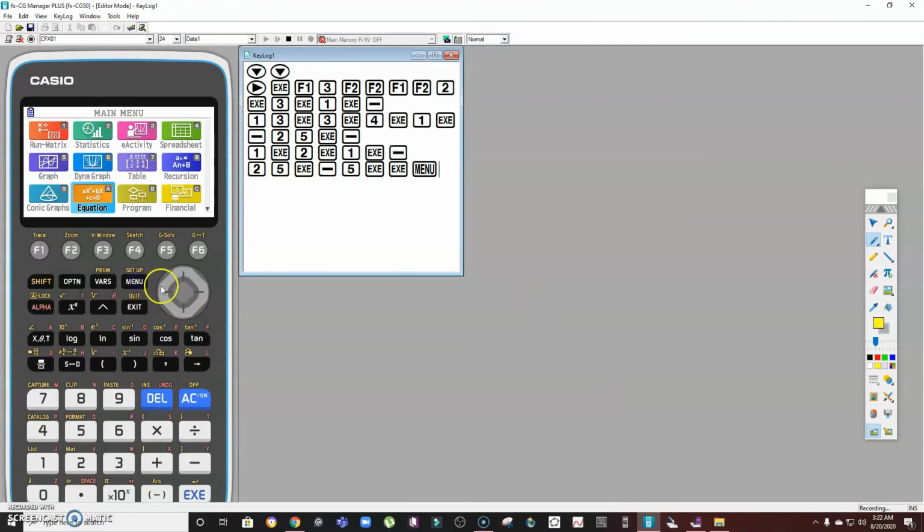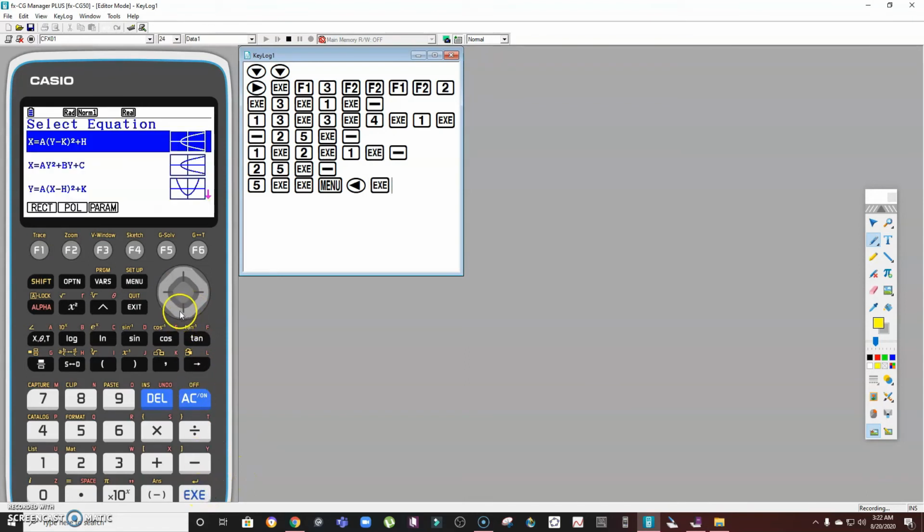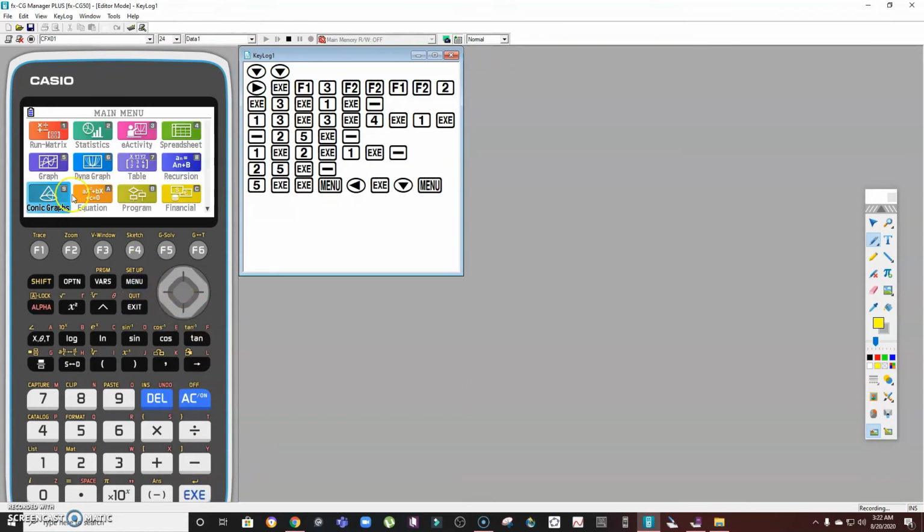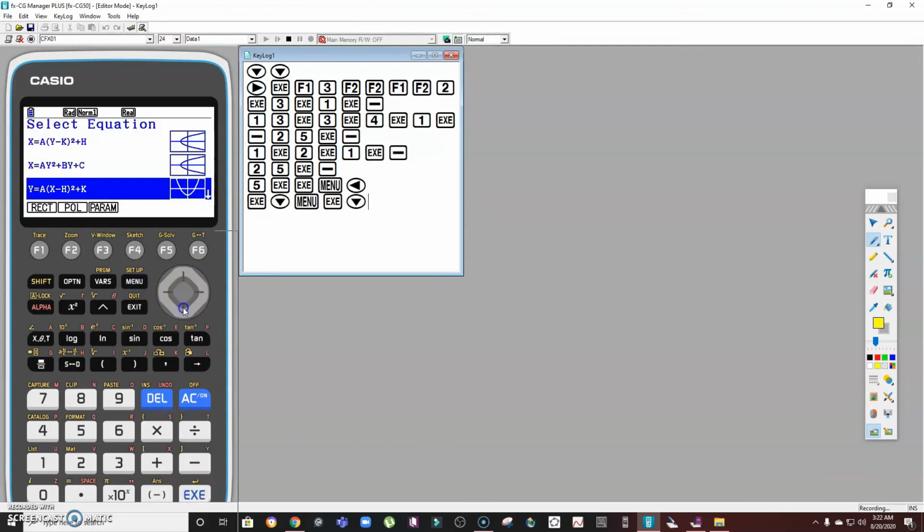This calculator has a function especially for conic sections. So what I'm going to do here is look for the circle.